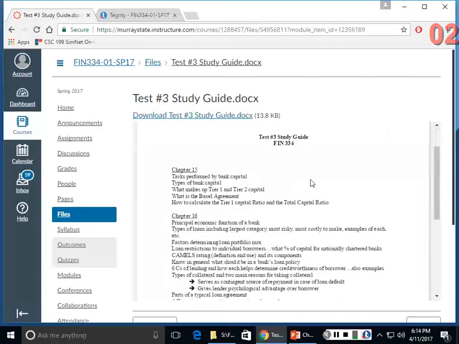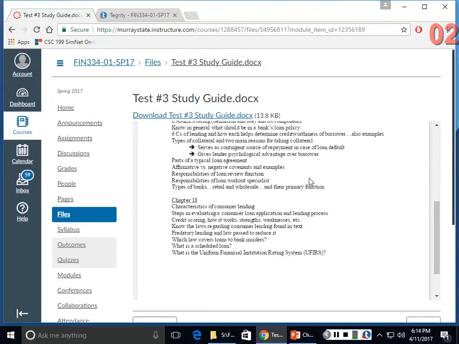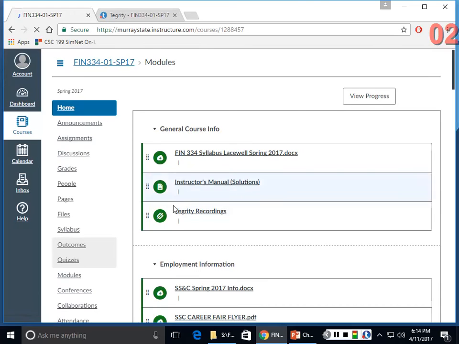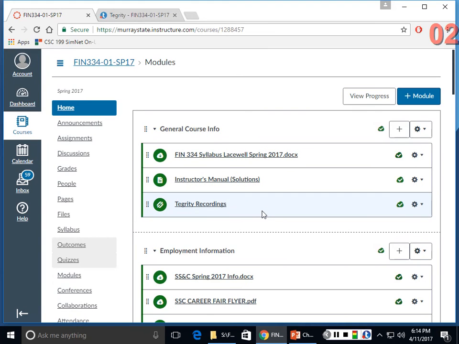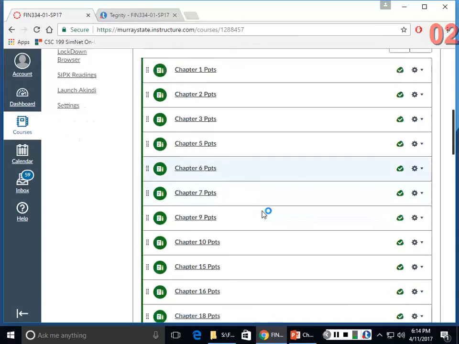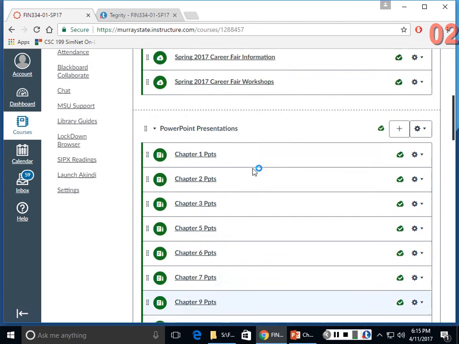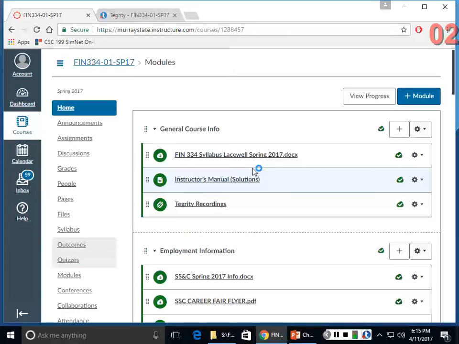Okay, 15, 16, and 18. That's right. I will tell you that the 3rd test covers a very small amount of material compared to the first 2 tests.